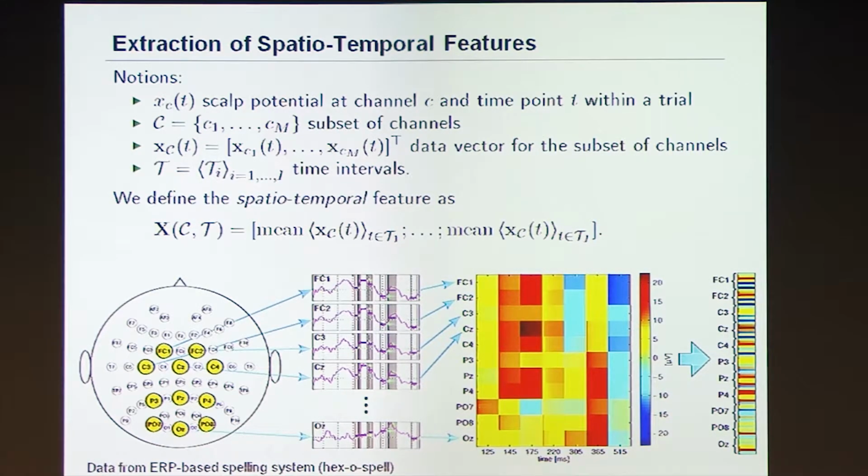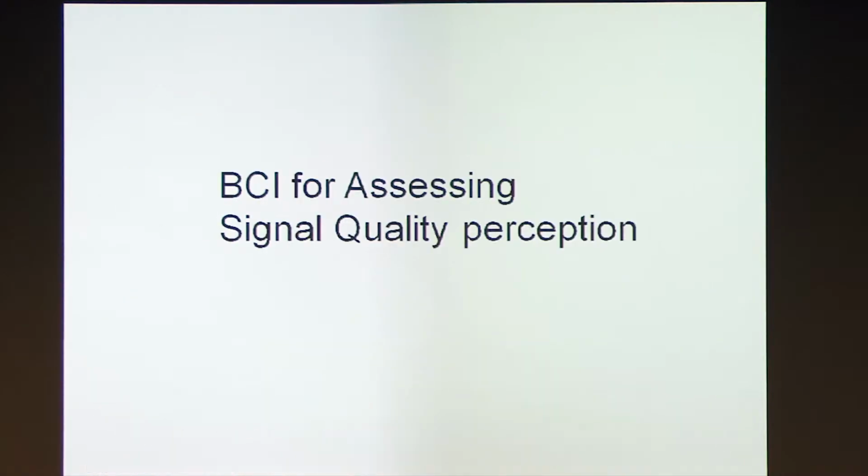So in this case, the data looks more like a whole bunch of these time series. So there's a stimulus, and there's a response to this stimulus, and you can take averages in time windows in all the 64 channels, and you get a huge matrix, and that you stack into a vector, and then you go again through your classification.